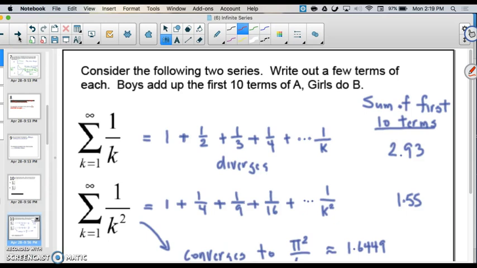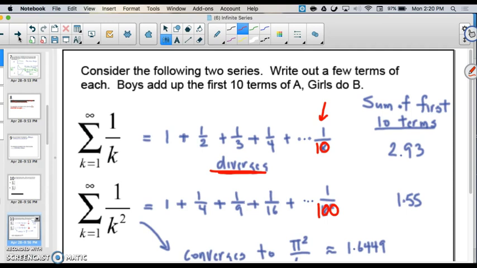So notice, say this is 10. So if you kept adding these up, this is going to diverge. The reason it's diverging is because the numbers are not getting small quickly enough. So this one diverges because this 1 over 10 is not small enough as we go to 0. However, on the second one, once you add these up, you're going to end up with 1 over 100 as your 10th term.